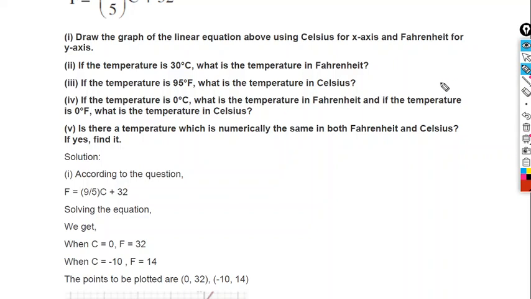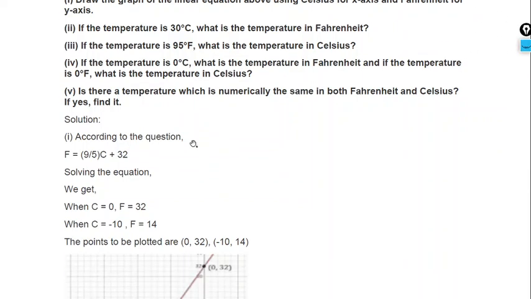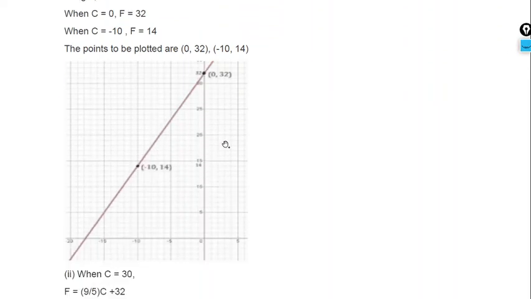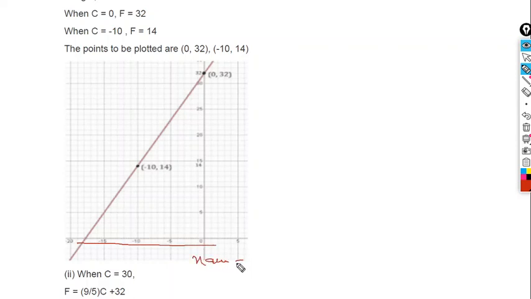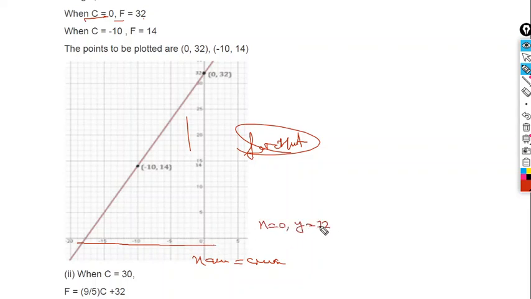So this is your x-axis, equal to Celsius, and this is your Fahrenheit. Now C equal to 0, F equal to 32, so x equal to 0, y equal to 32. Now we have to find the point 0, 32.